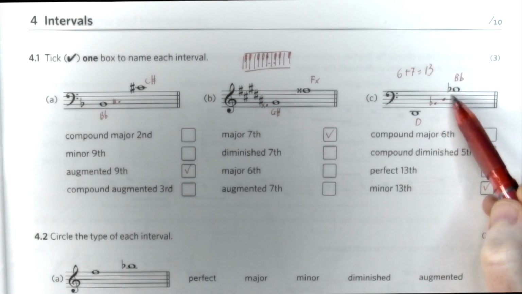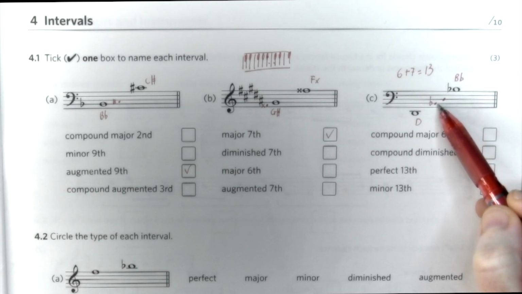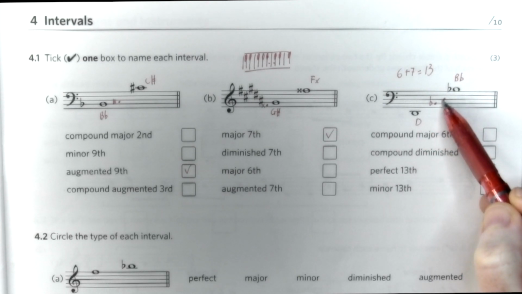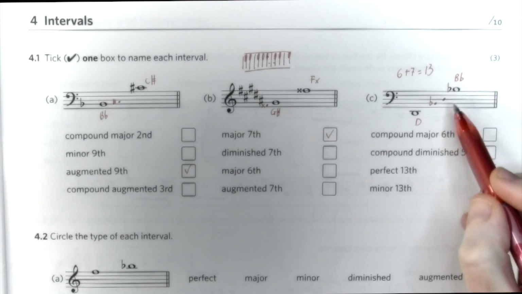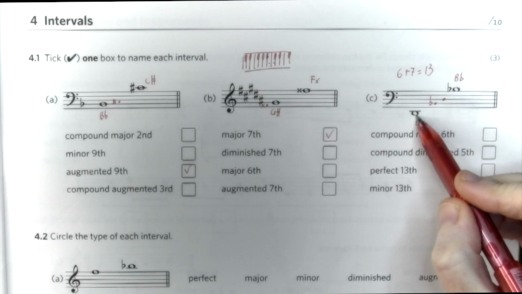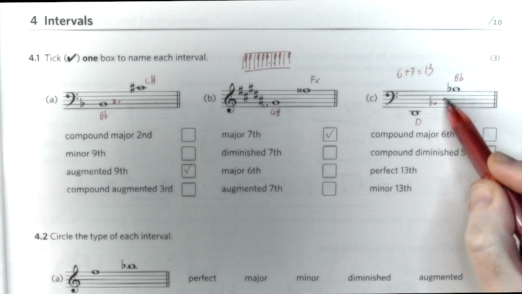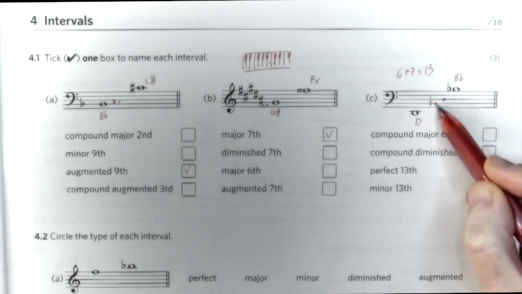First we make the interval simple, and I have just put this D here. Okay, this is a simple interval. Now we flip them over and we calculate the type of third that we have.